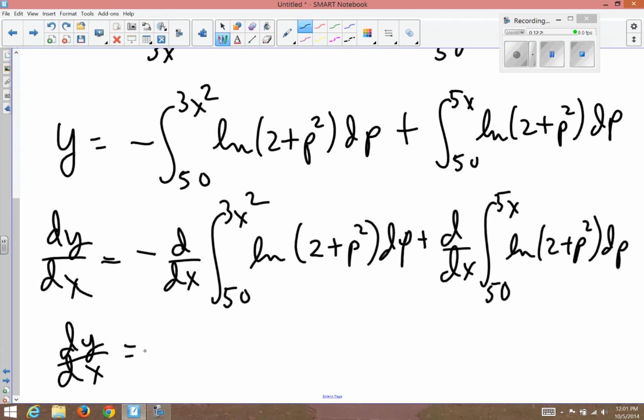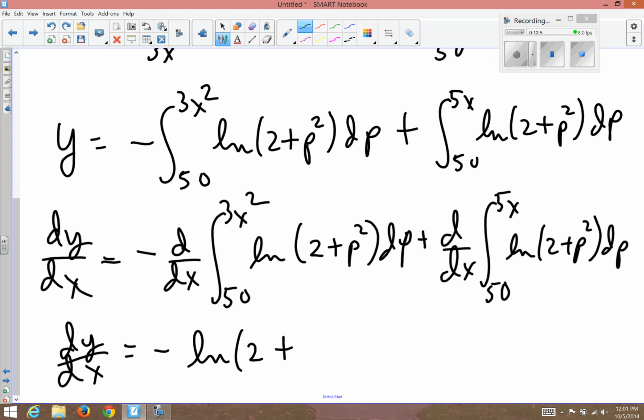dy dx equals negative. This is the easy part. The derivative of this antiderivative is just the integrand, as long as there's a number on the bottom and a function of x on the top. It's just the integrand, natural log of 2 plus, but the p has to take a hike. It's usually a t.